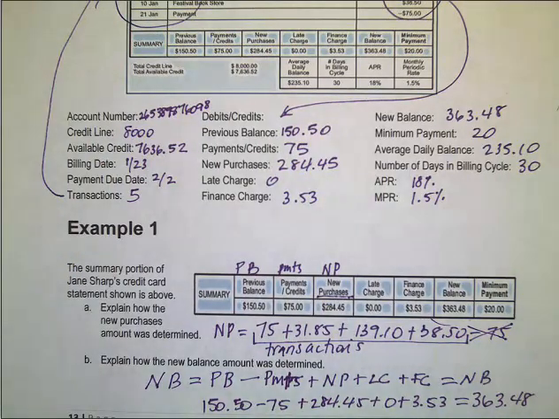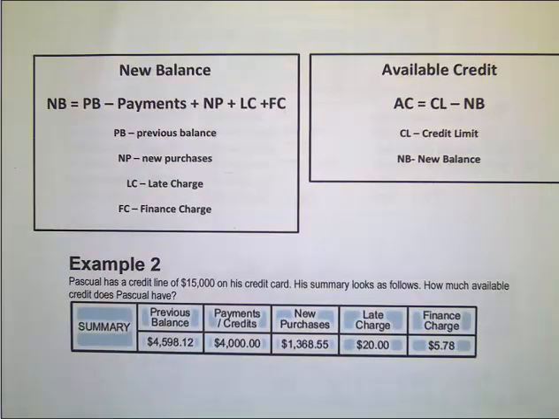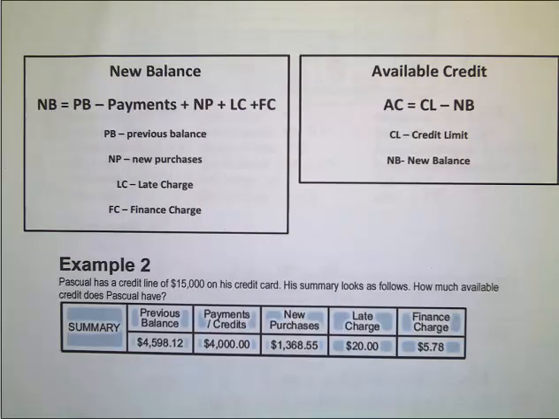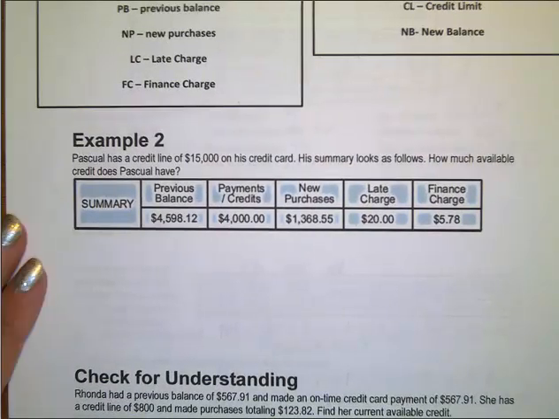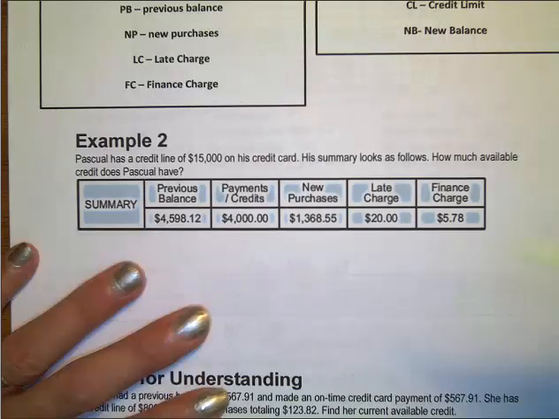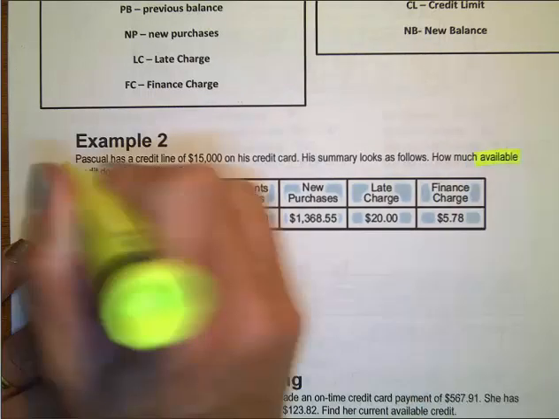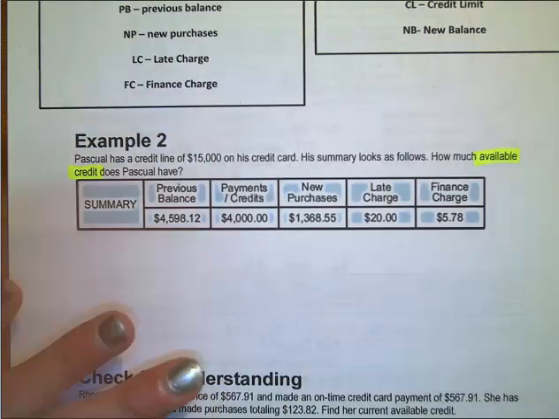So we're done with Jane Sharp for now. We've got 2 formulas on the top of the next page. Make sure to read through those. And we have Pascal. Pascal has a credit line of $15,000. So that means the most he can charge on his credit card is $15,000. His summary looks as follows. How much available credit does he have? So how much can he still charge?